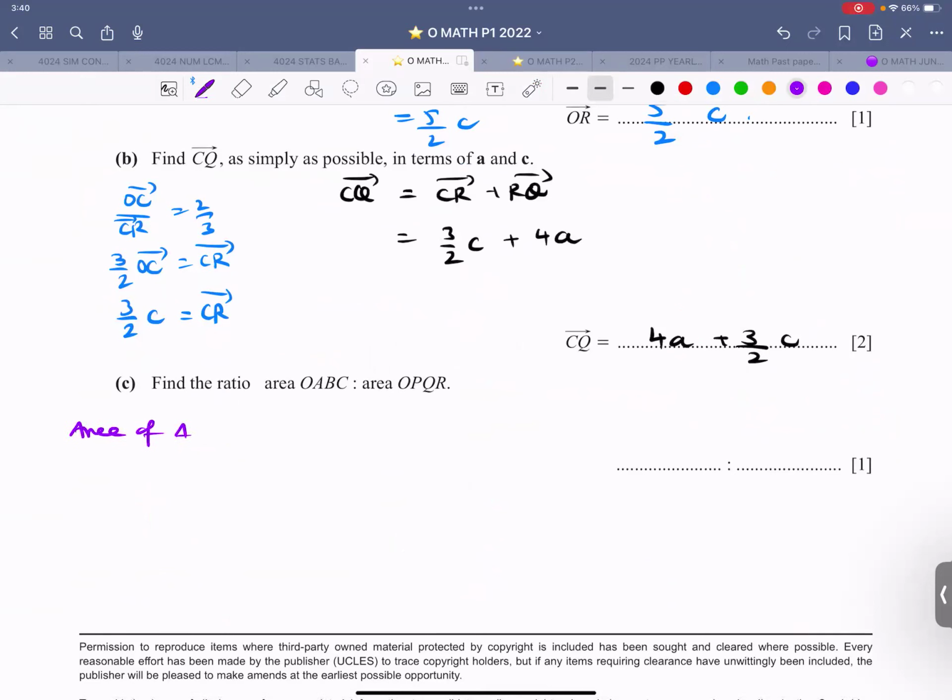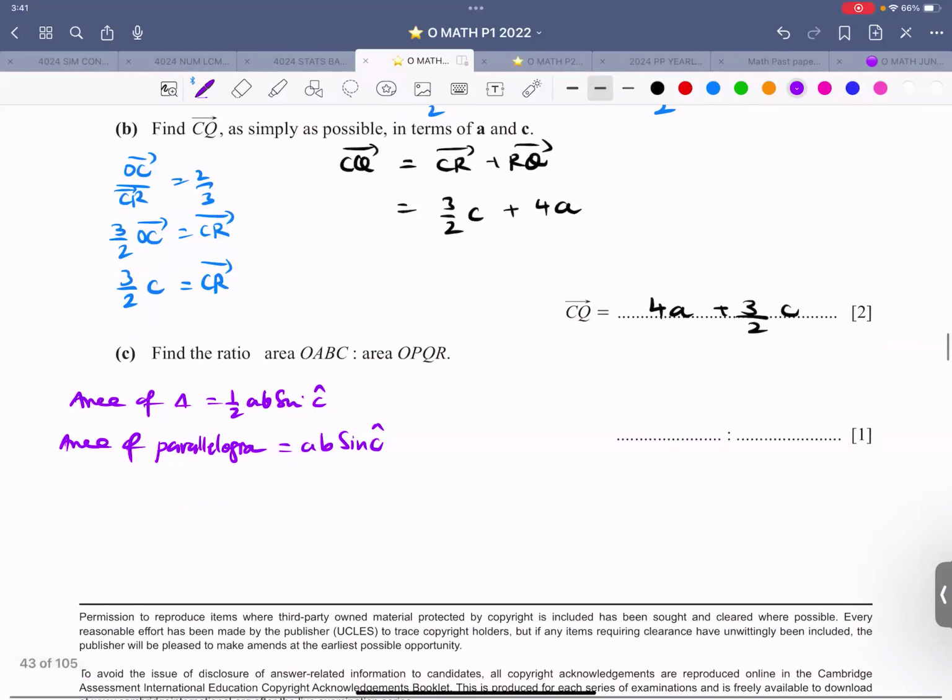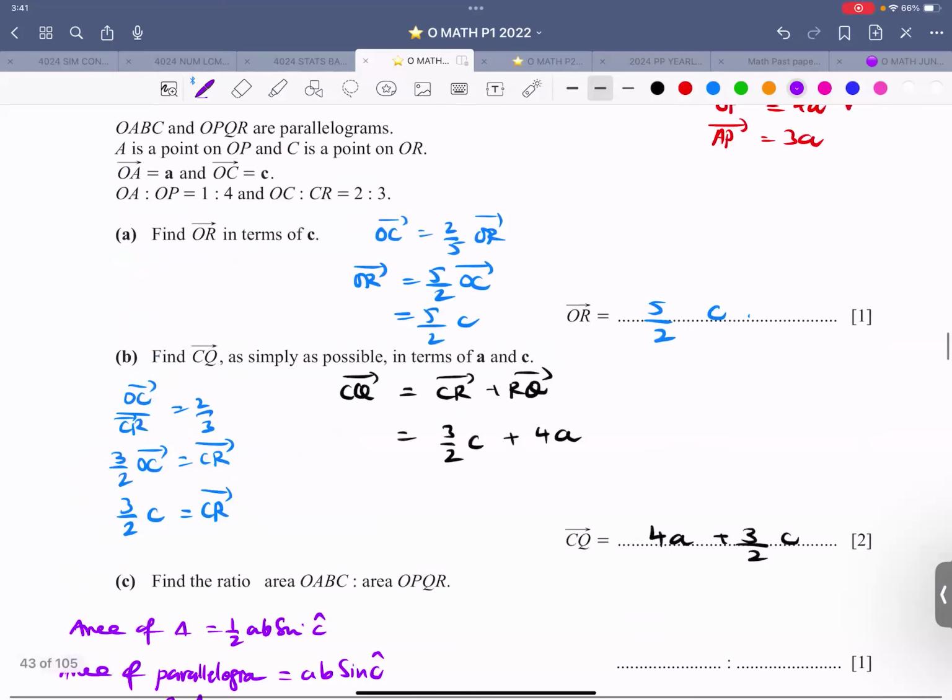Area of triangle is half AB sine C, and area of parallelogram will become AB sine C. Keep that in mind, because it will be 2 times this thing. This is 2 times area of triangle. That's why the half is gone.